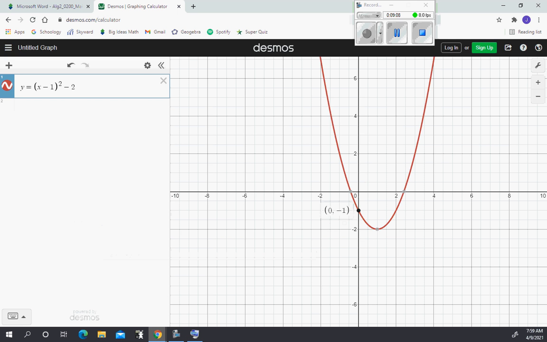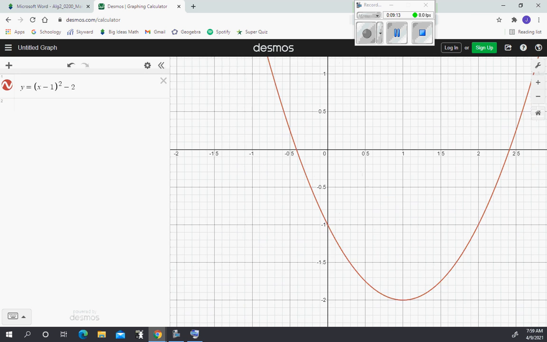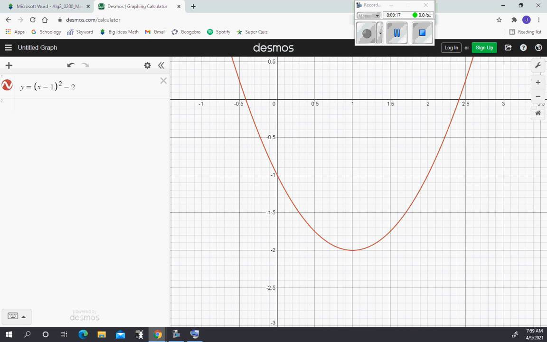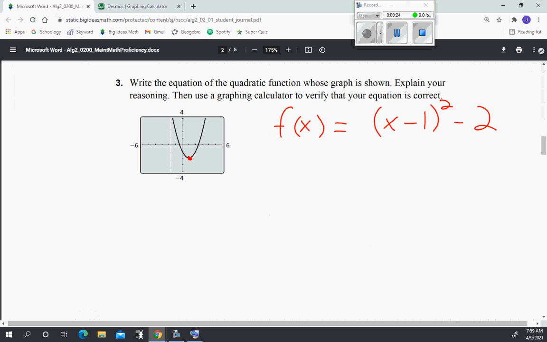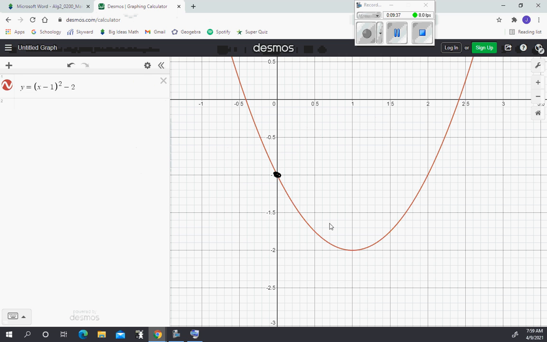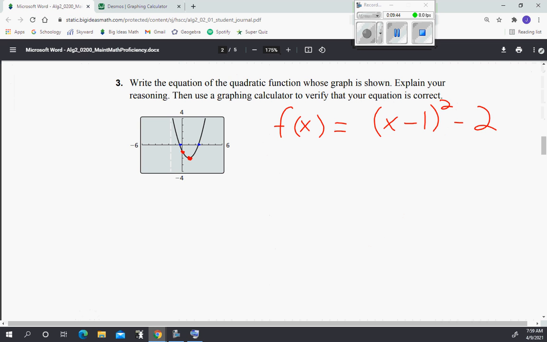Kind of look at these points. I like to look at the major points, like that goes through 0, 1. Does this graph here go through 0, 1? Looks like it, yep. And it goes through like 2.5 and negative 0.5. Oh yeah, close. Right there. So we're good. That is our equation of the graph.